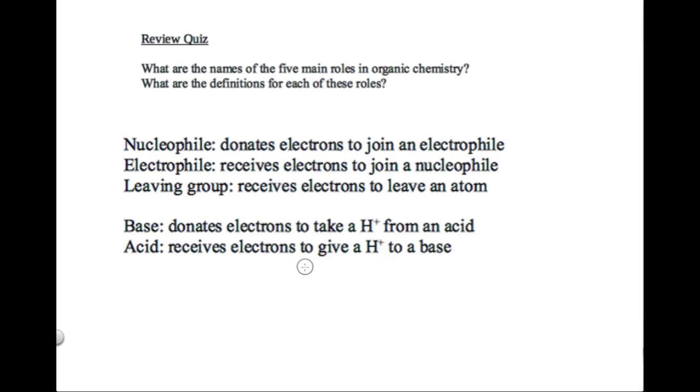And I guess in a way, most of these are three-part definitions because the definition also includes what that role reacts with. You should know that nucleophiles react with electrophiles and that bases react with acids. So I hope that you're trying to learn these definitions pretty much word for word, because these are the most useful ways to think about the definitions of these roles in Ochem.